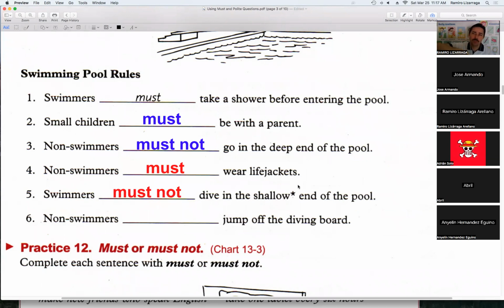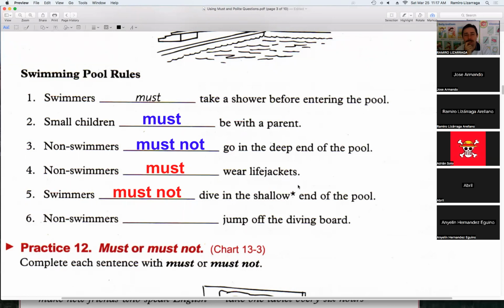Bucear. No, eso es, bueno, estás arriba y haces esto. Estás ahí parado arriba y clavado. Esos son clavados. Oh no, a ver, diving, también sí. Dive in the shallow end of the pool. Pero dive, bueno, también puede ser como bucear. Fíjate, también, viéndolo así, sí, es como bucear.